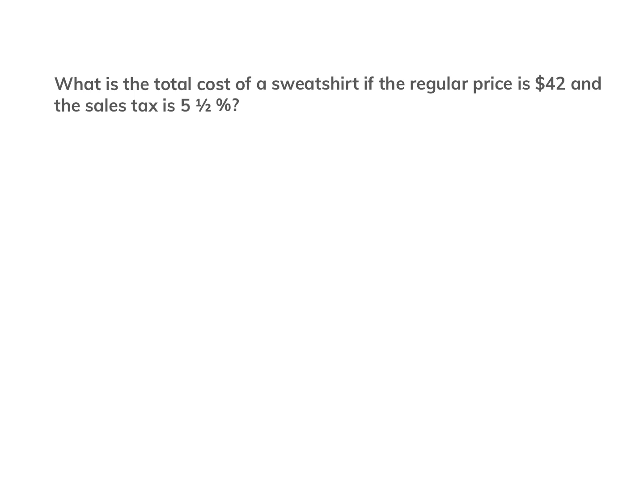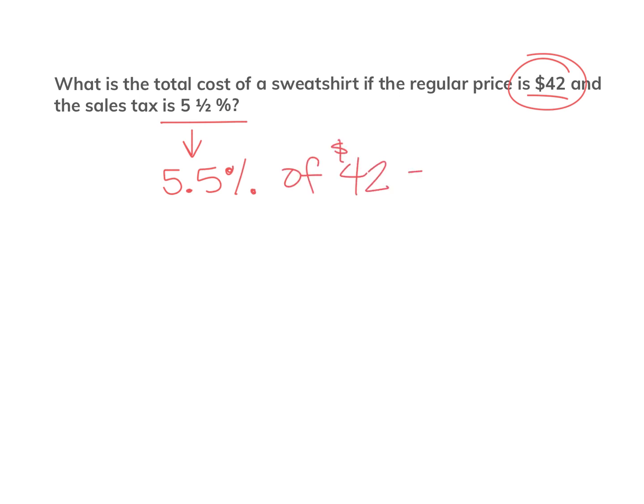What is the total cost of a sweatshirt if the regular price is $42 and the sales tax is 5.5%? So 5.5% is also written as 5.5%, and we still need to change that to decimal form. We're going to find what 5.5% of $42 is. So let's rewrite that.